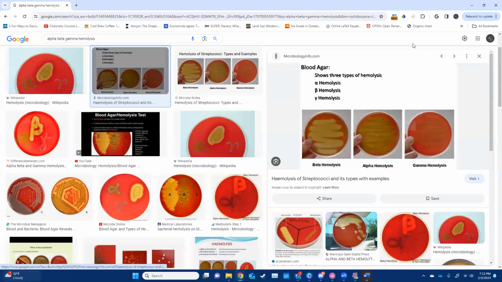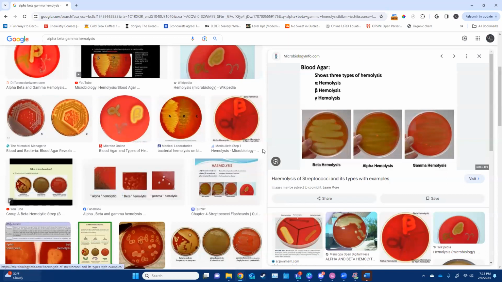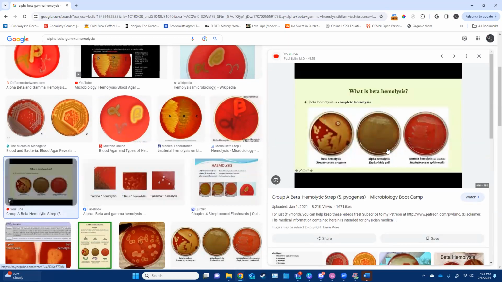So what they do is they put blood in agar, I reversed it, it's the other way, my bad. They put blood in the agar, and depending on what kind of result you show tells us exactly what kind of hemolysis is going on.